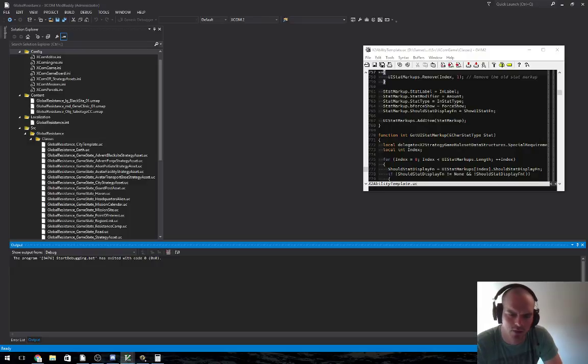Asset dot get my template. Once we've got the template, then we can collect inventory capacity from the template. No dramas. So yeah, we've got inventory capacity.